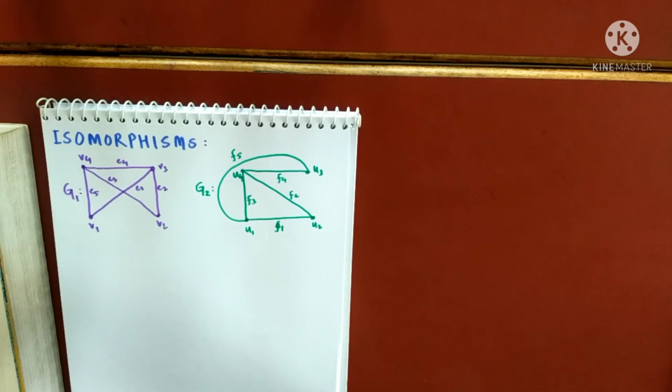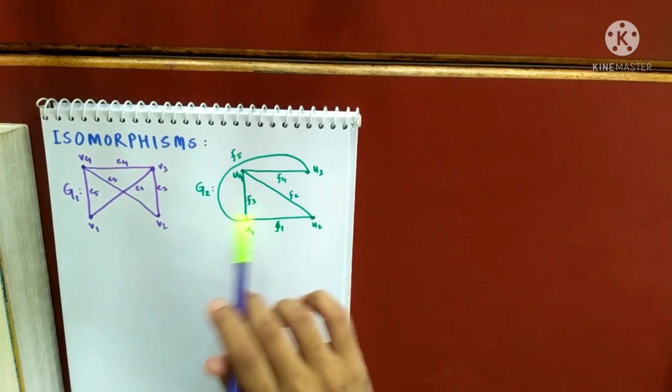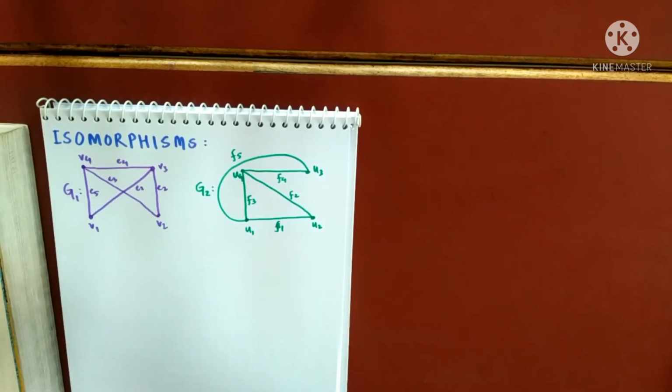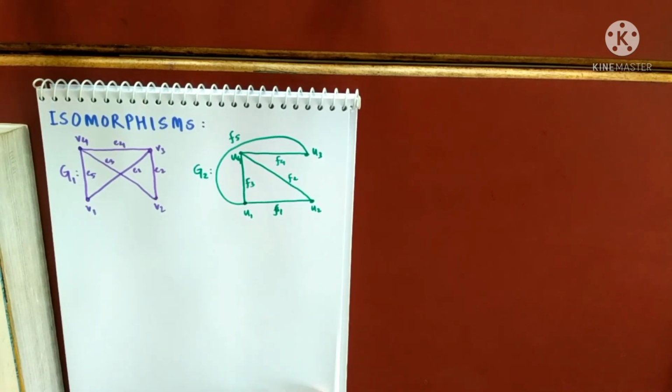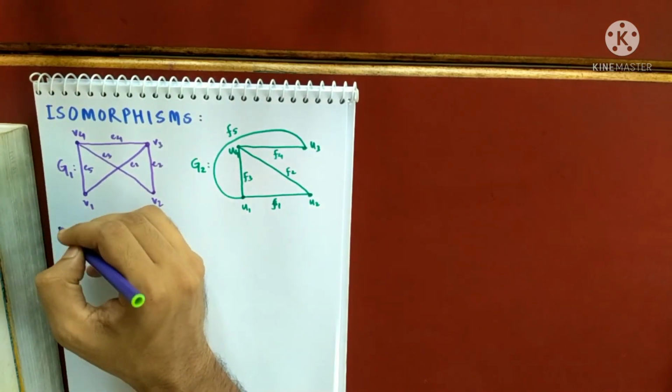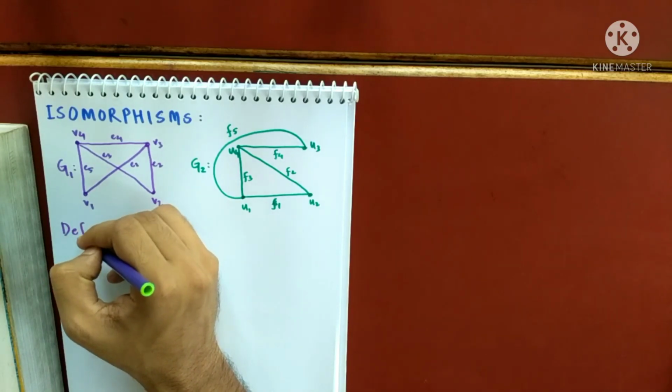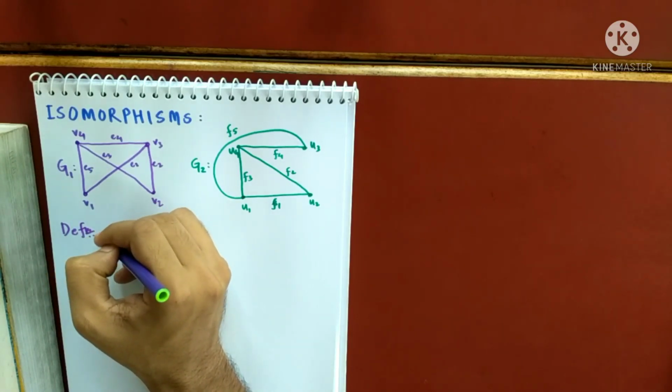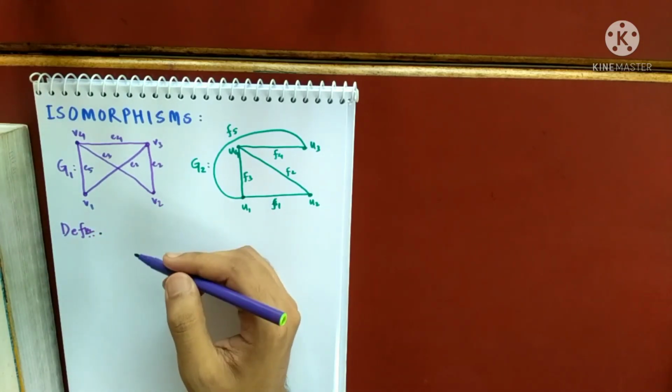So how do we decide that these two are exactly the same graphs? You have to construct two maps. I'll tell you how you have to construct these maps. Let me first define what I mean by isomorphism. So, the definition.